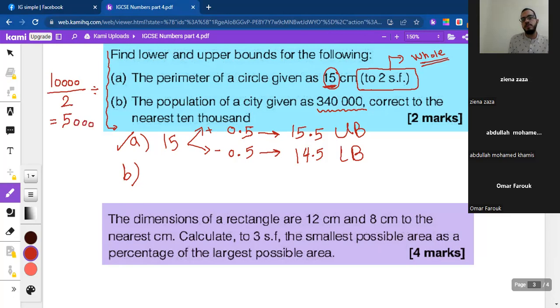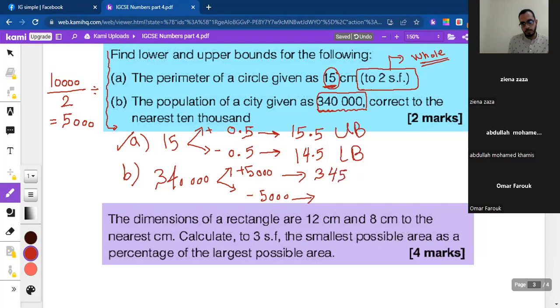Now, take that number. And then you add 5,000 and you subtract 5,000. Okay, after adding 5,000, it became 3, 4, 5, 3 zeros.